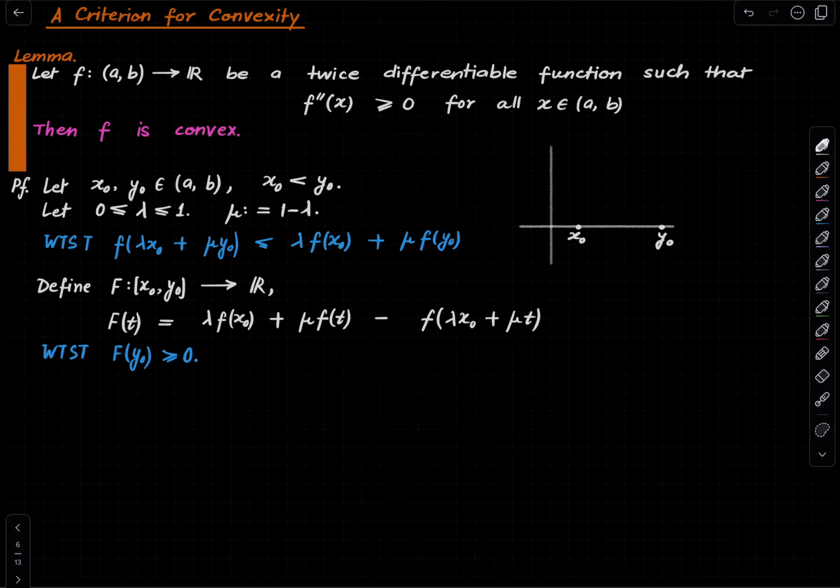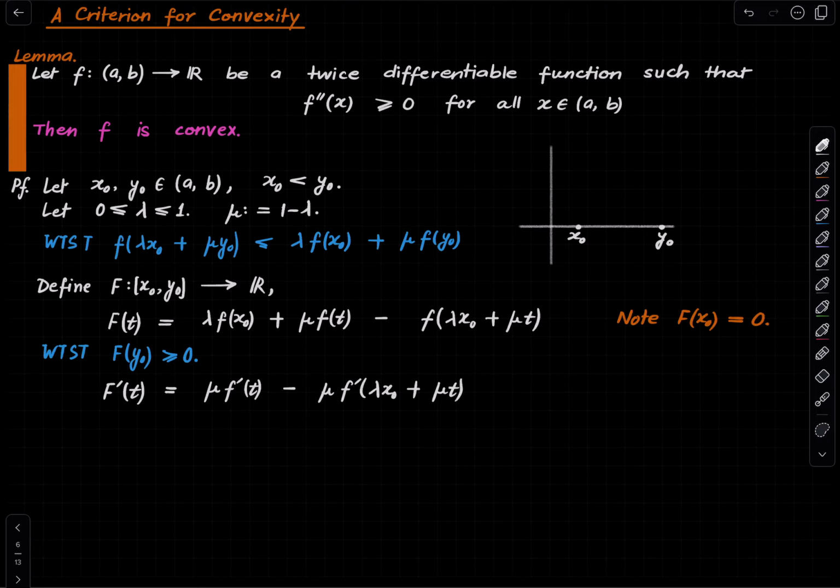So first we will compute the derivative of capital F, but before that let's just note one thing. So note F of x0 is 0. Alright, and now let's compute the derivative of capital F, and that is nothing but this thing minus that thing.